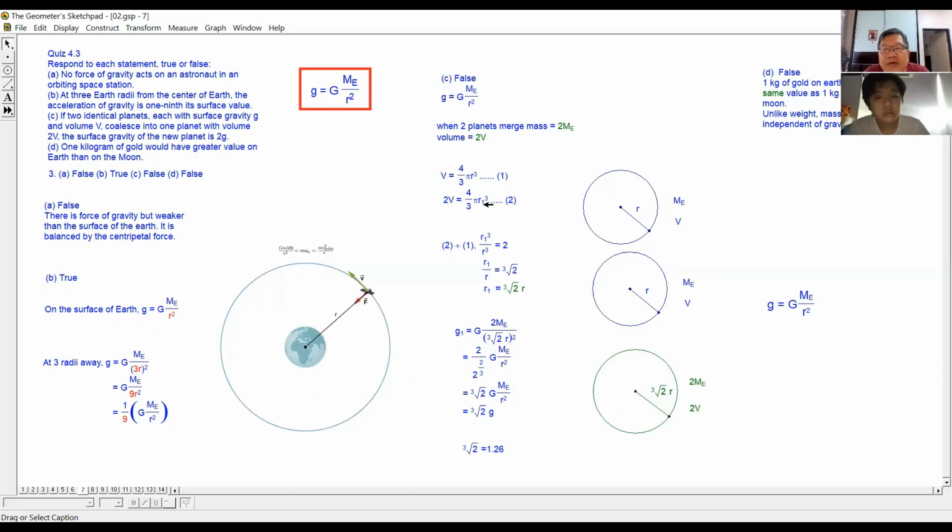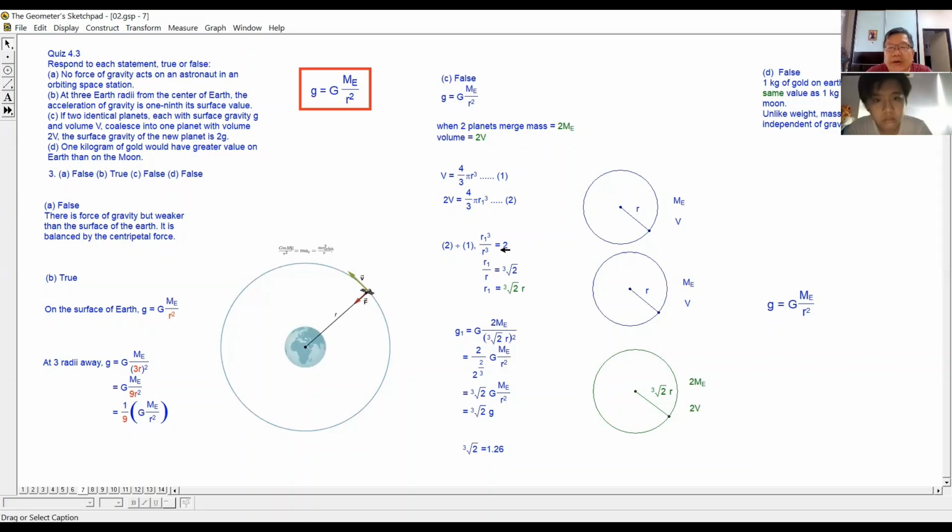So I am left with r cubed over r cubed. The first r cubed is r1, the new planet. The second r cubed at the bottom is the old planet. On this side, the V and V will cancel off when I divide. So I am left with 2.